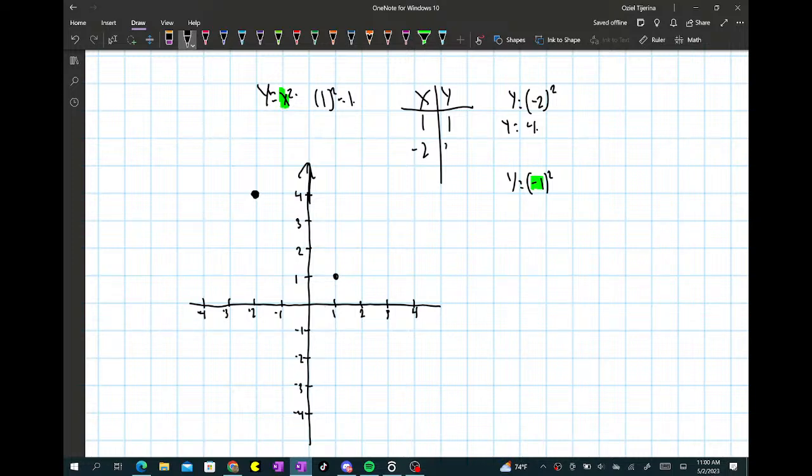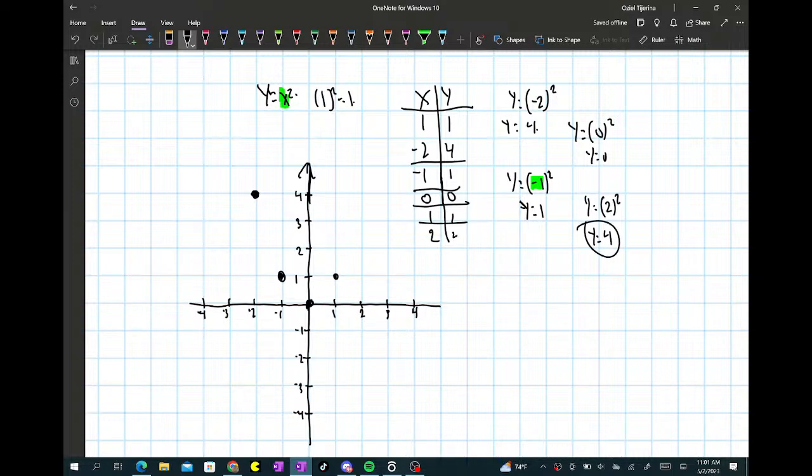So this goes negative 2, 4, negative 1, 1. So negative 1 quantity squared is 1. And then when I do 0, obviously y equals 0 squared, y equals 0 here. And then when x equals 1, y equals 1. When x equals 2, y equals 2 quantity squared. So 0, 0, 1, 1, and 2, so y equals 4, right?